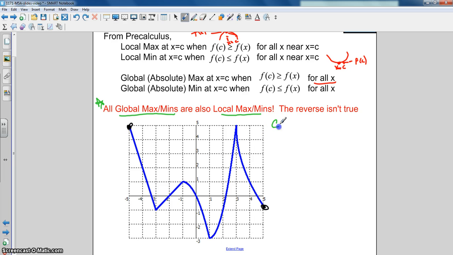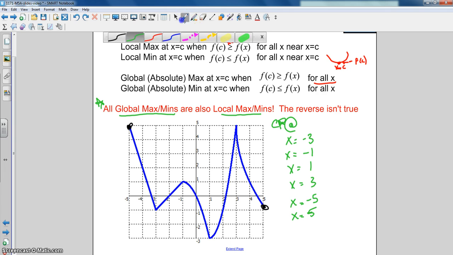We said our critical points occur when x is equal to minus 3, x is equal to minus 1, x is equal to 1, and x is equal to 3. Since we are on a closed interval, I can include the endpoints, so I'm also going to include minus 5 and positive 5.